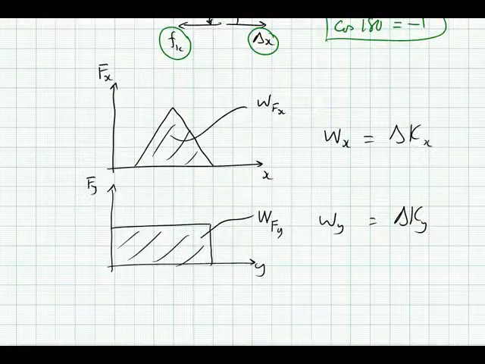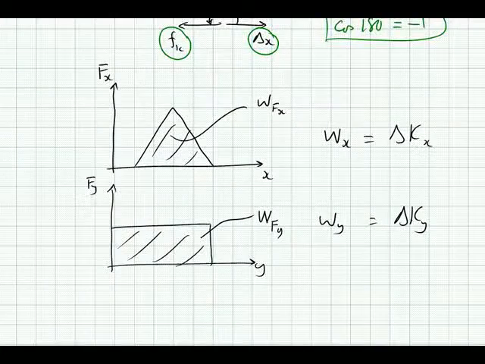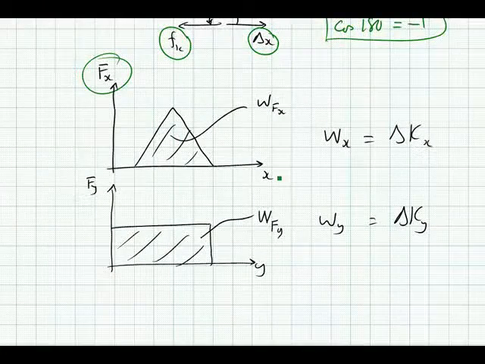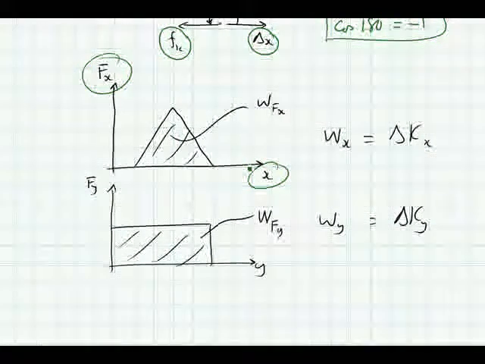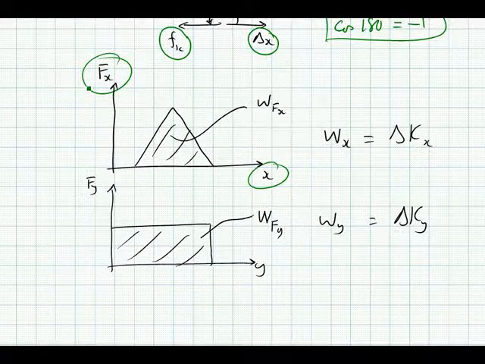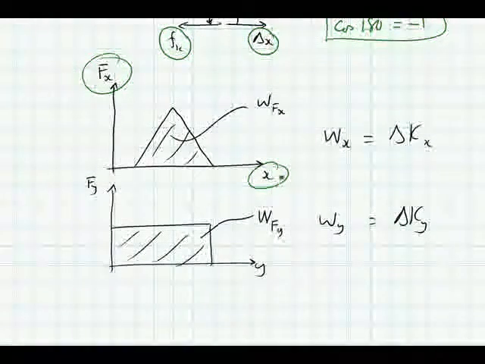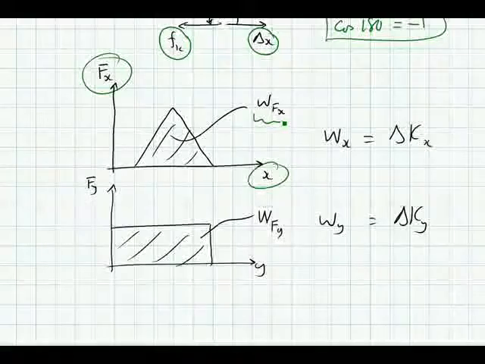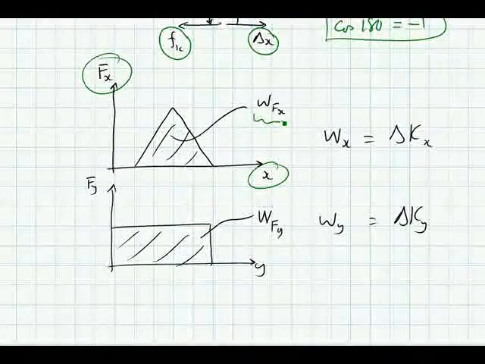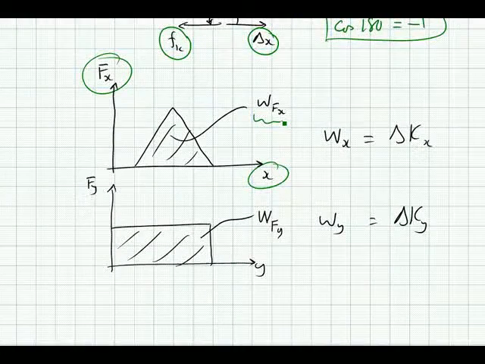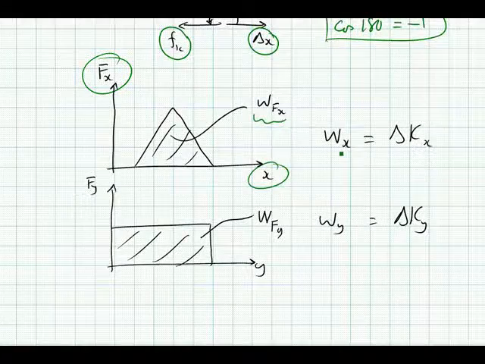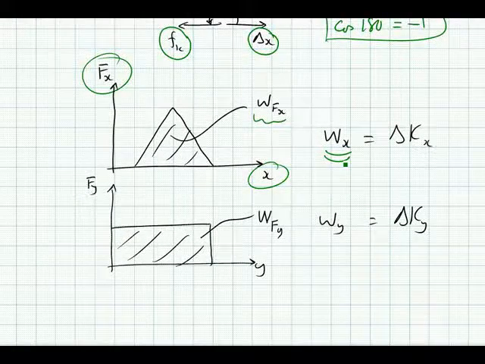To reiterate again, if you have a non-constant force, then you have to consider the area under the curve. So if you have a graph of Fx versus x, that will give you work done by the force along the x direction, the displacement of the object along the x direction, so that's Wx.